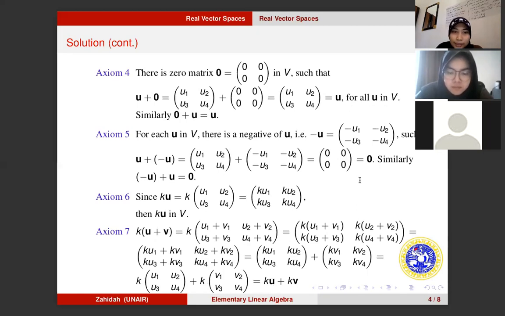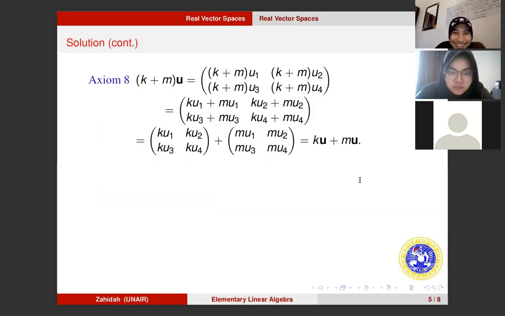Okay, next. Still, there are three axioms left. The next axiom, we need to show that (k plus m) times u equals k times u plus m times u.